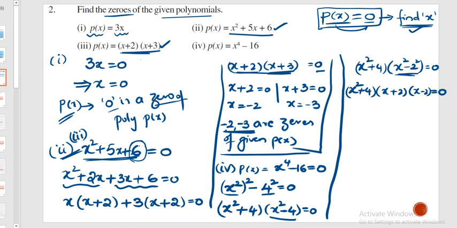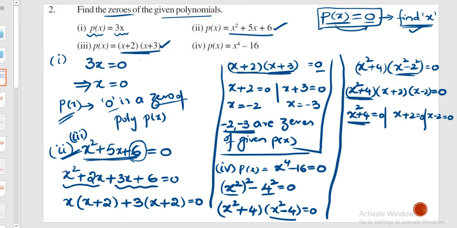Now we cannot split this particular term further, so we have a product of three terms, right? So either x square plus 4 is equal to 0 or x plus 2 is equal to 0 or x minus 2 is equal to 0. These are the three possibilities.